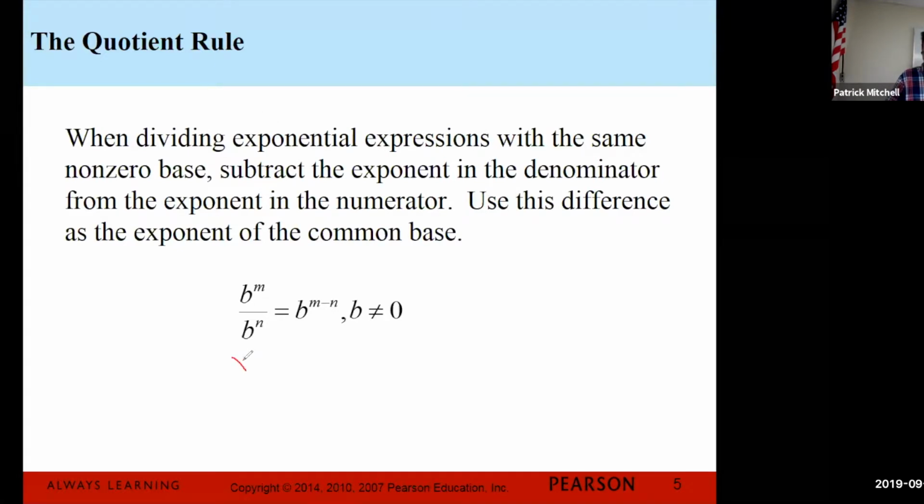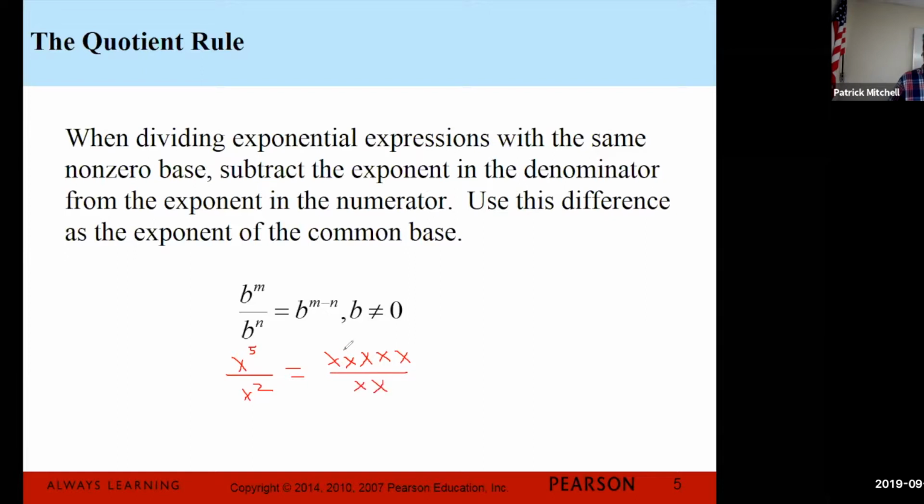If this was an x to the 5th, and on the bottom you had an x to the 2nd, there are 5 copies of x upstairs and 2 copies of x downstairs. So what's going to happen is that the 2 x's that are on the bottom are going to take away 2 of the x's that are on top, right?